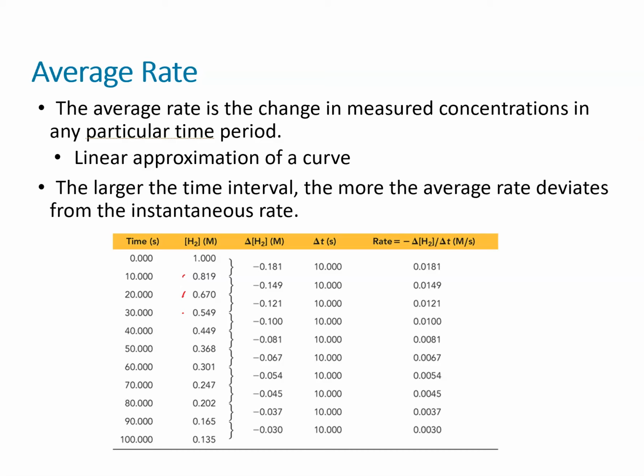What you'll notice right away is that the change in the concentration over that 10-second period is decreasing with each interval. So the rate per second, if we divide delta concentration by delta time, is the rate term, negative delta H2 over delta t.